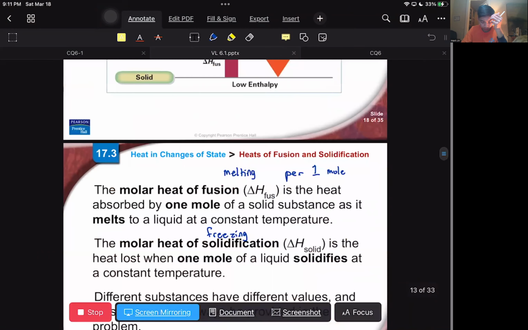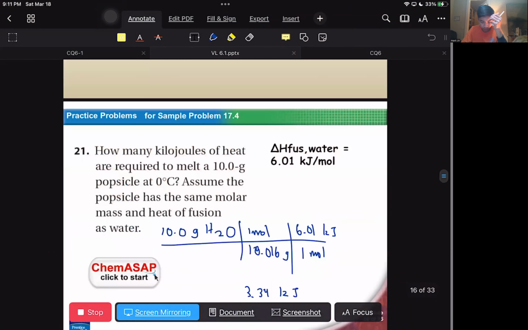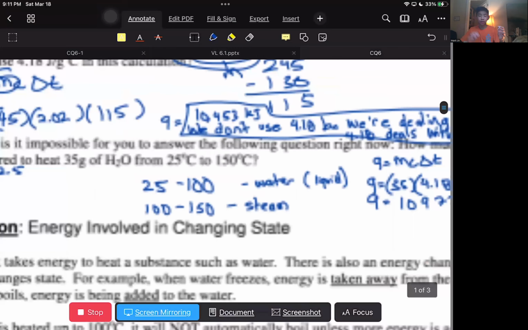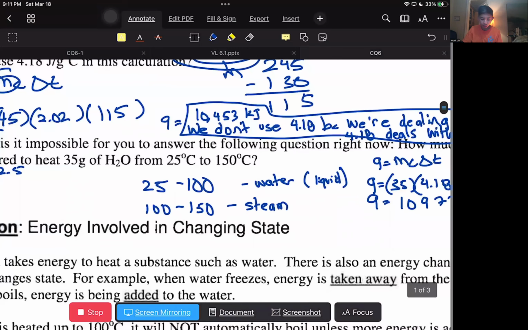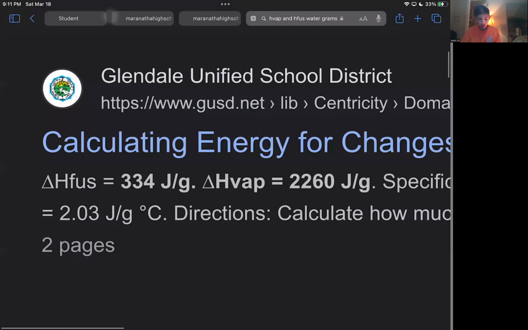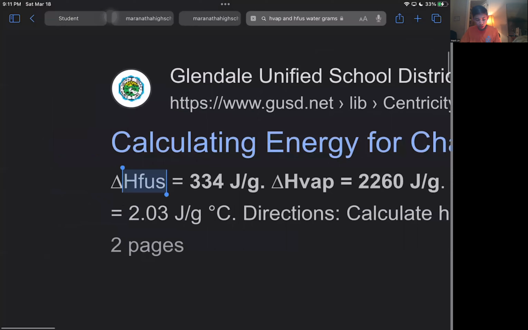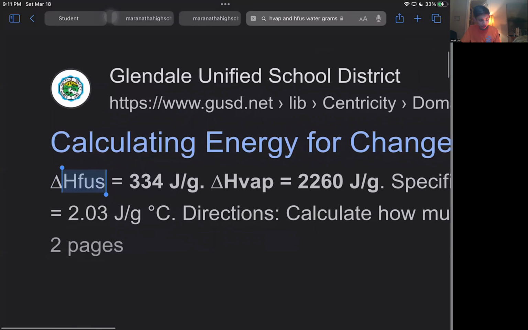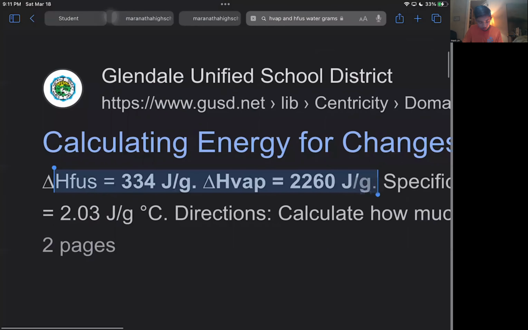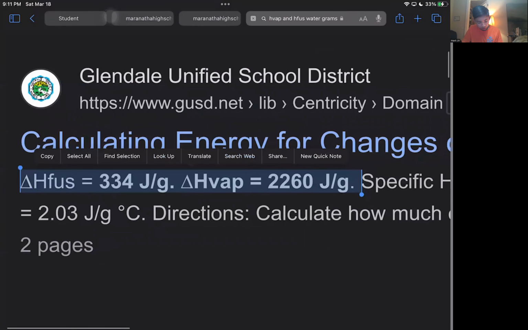But it's just the heat of vaporization. So the grams for fusion for water is 334 joules per gram, and for vaporization it's going to be 2260.